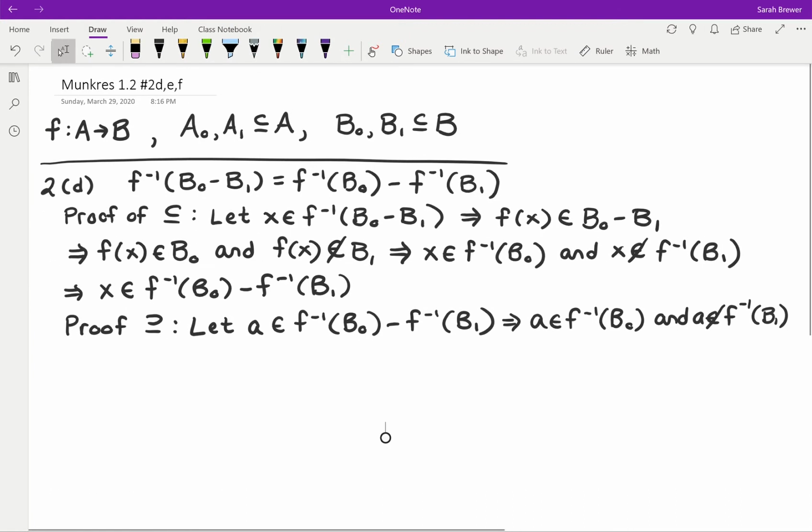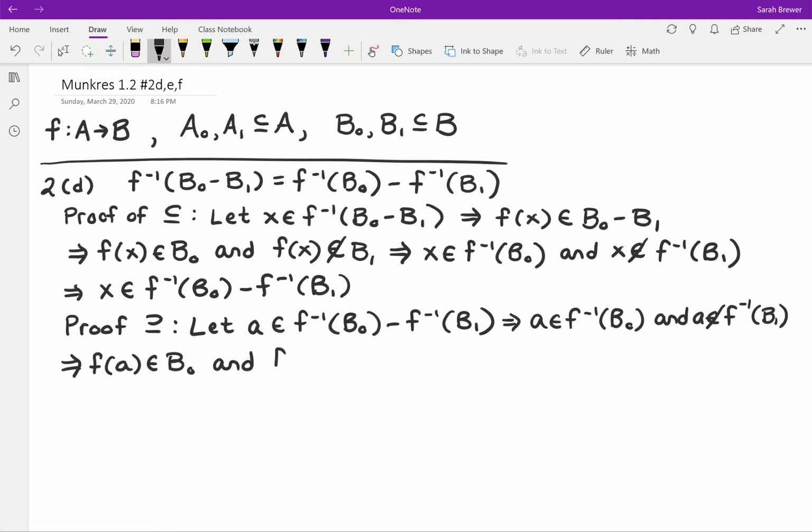So then we know that f of a is in B0 and f of a is not in B1.